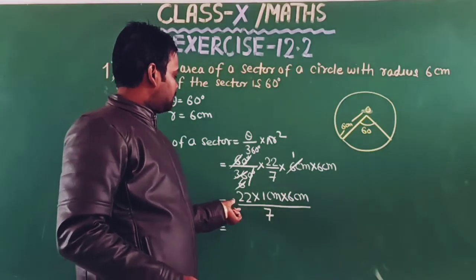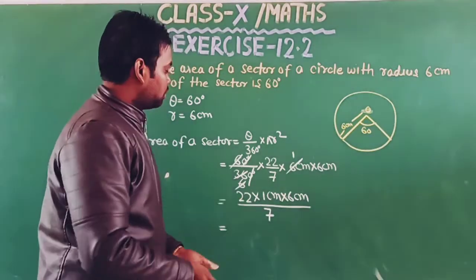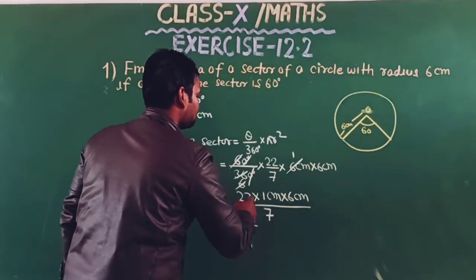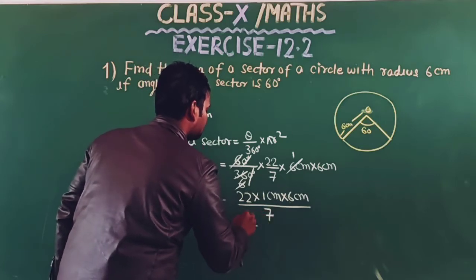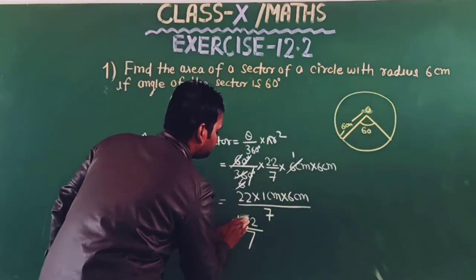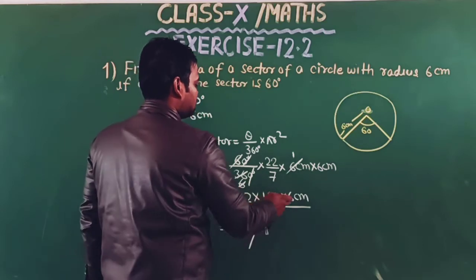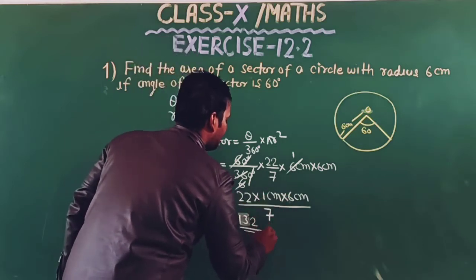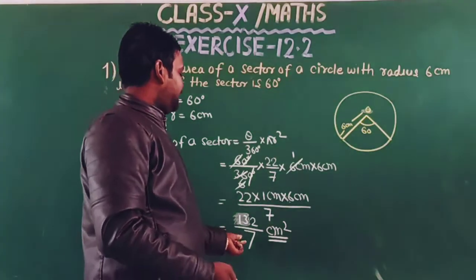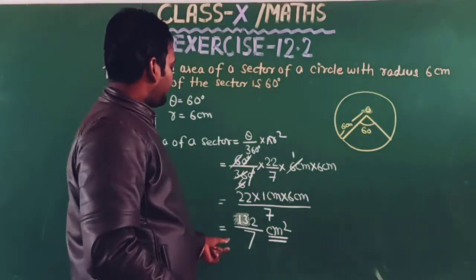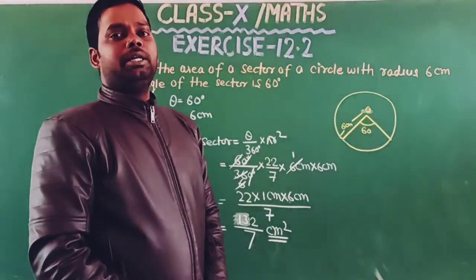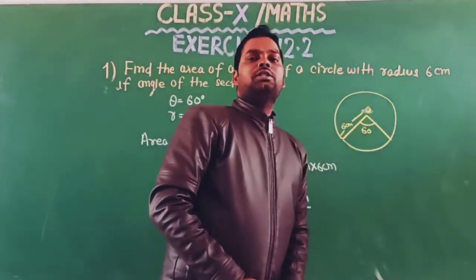So further simplify this expression, we will get 22 times 6, which is 132 upon 7 centimeter square. 132 by 7 centimeter square is the area of the sector whose radius is given 6 centimeter and angle of sector is 60 degree.